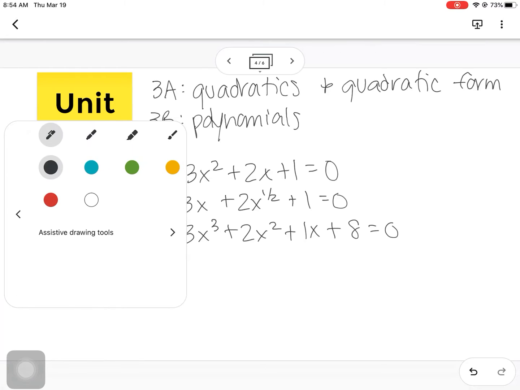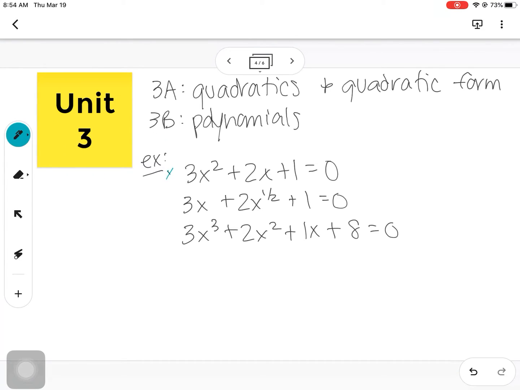Anytime, so these, the first one and the last one here, are technically just polynomial equations. Anytime you have a polynomial equation, we're going to think about it just like we did in Unit 1. A polynomial equation means you just have a whole bunch of x's, either squared or cubed. All your exponents are positive whole numbers.